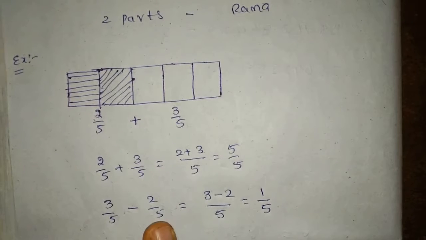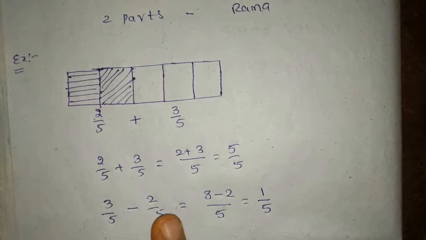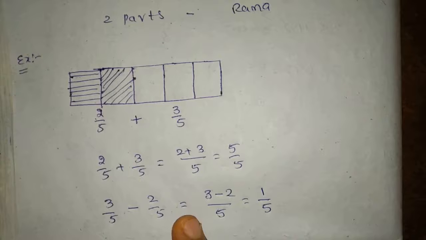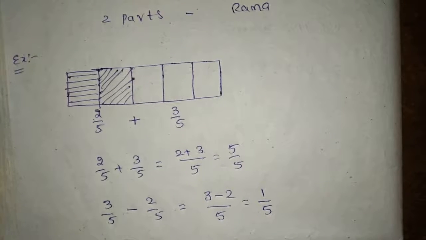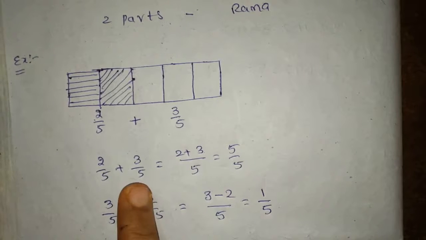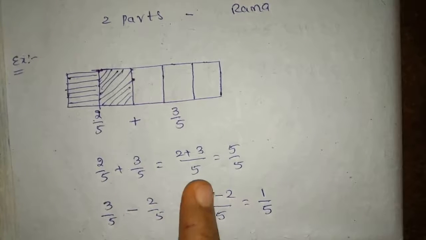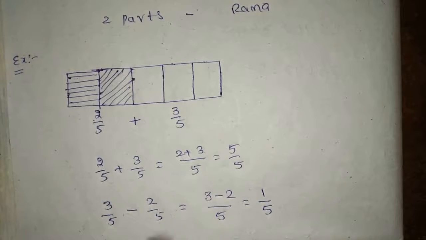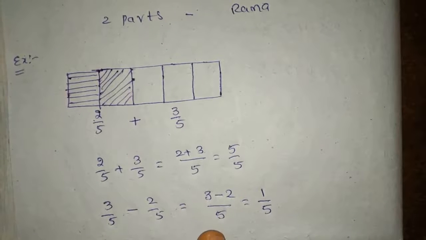So when the fractions are like fractions, means their denominators are equal, we can simply add the numerators keeping the same denominator, and we can subtract the numerators keeping the same denominator.